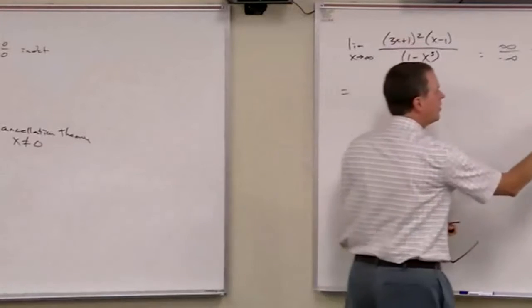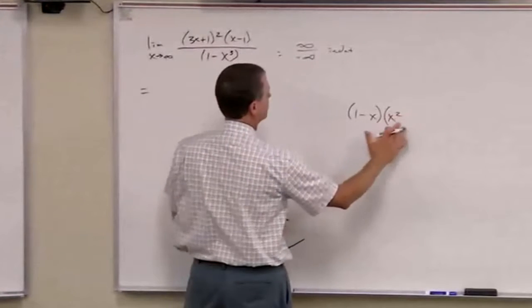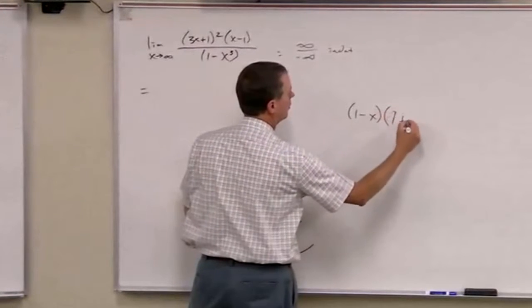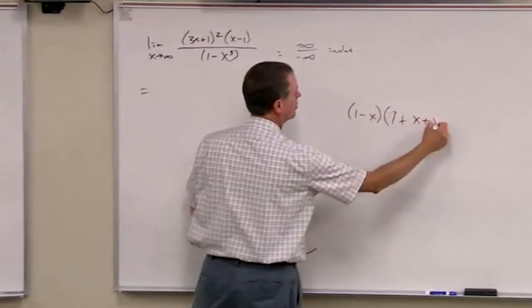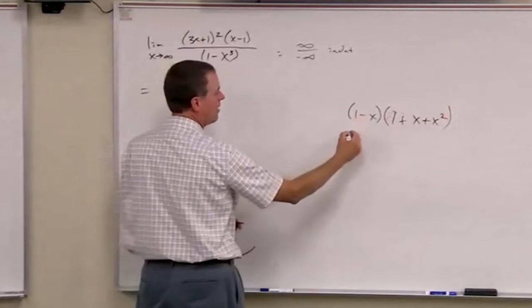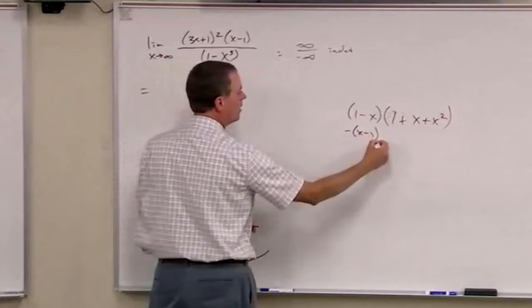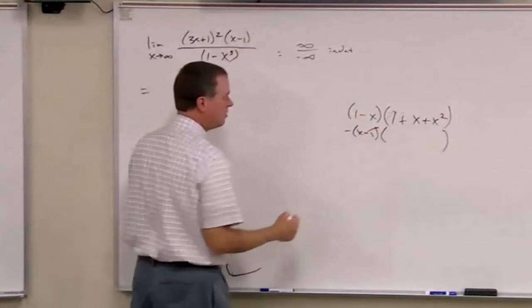So if I factor this, you get 1 minus x times x squared, 1 plus x plus x squared. I can factor a minus sign out of that and make it minus of x minus 1. And now this x minus 1 and that x minus 1 are canceling.